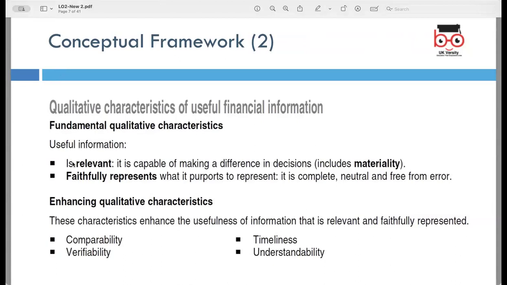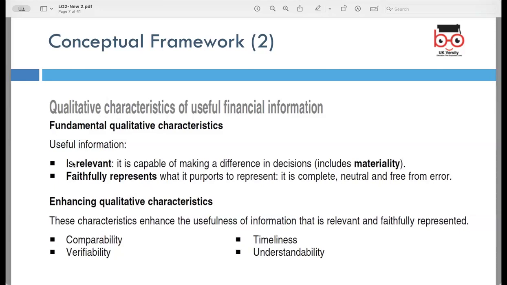Relevance: financial information is relevant if it can influence the economic decisions of users by helping them evaluate past, present, or future events. This includes materiality, which means that information is significant enough to affect decision making.